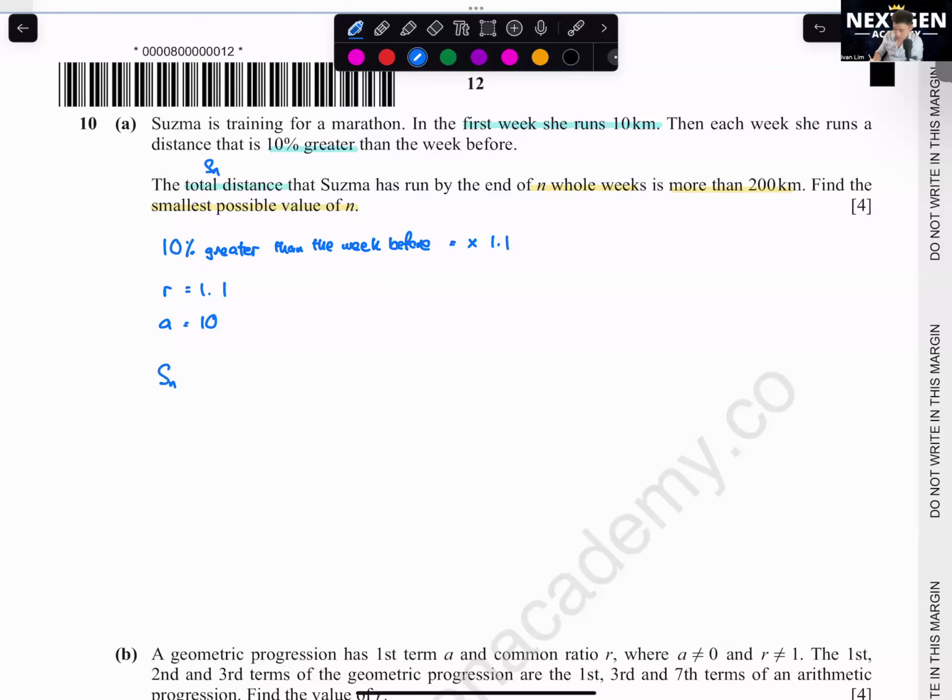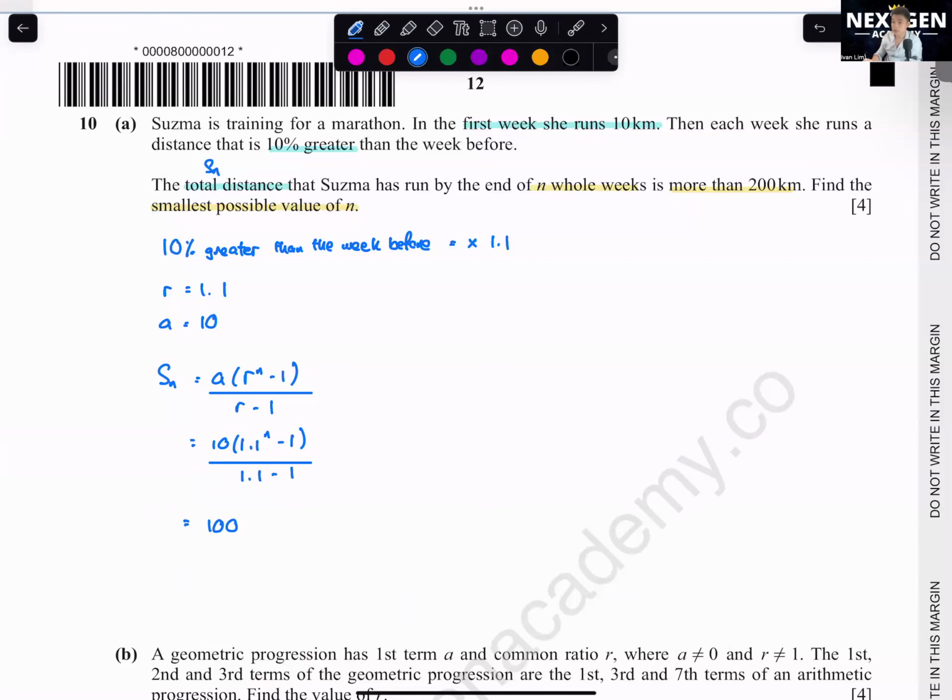So for Sn, we'll use this formula, a(r^n - 1) over (r - 1). You can get this formula in the front. We substitute in the values: 10, 1.1 to the power of n minus 1, over 1.1 minus 1. 1.1 minus 1 is 0.1. So 10 divided by 0.1 is 100.